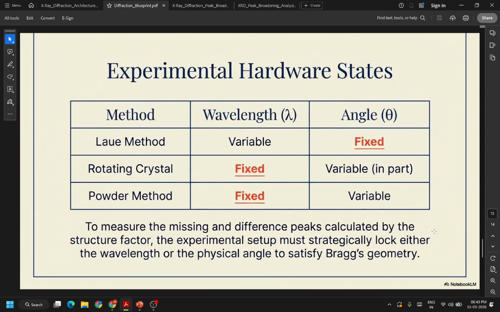So there are different experimental hardwares to measure X-ray diffraction. One is the Laue method, in which the angle is fixed and the wavelength is varied. Then there is the rotating crystal, in which the wavelength is fixed and the angle is variable. And in the powder method, the wavelength is fixed and the angle is varied.